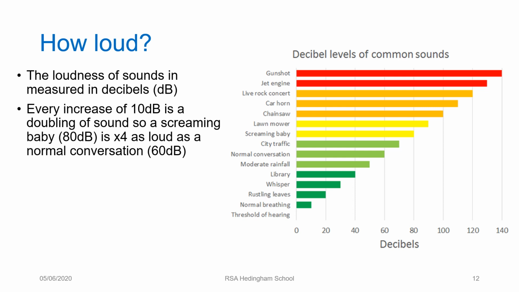You might think 80 is 20 more than 60, so that's only an increase of about a third, but in fact going from 60 to 70 is doubling the sound, and going from 70 to 80 is doubling it again. So 80 decibels is 4 times as loud as a normal conversation.